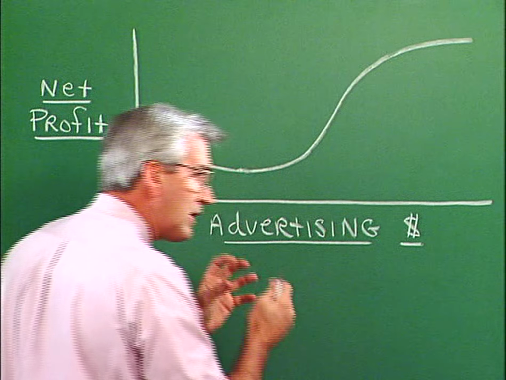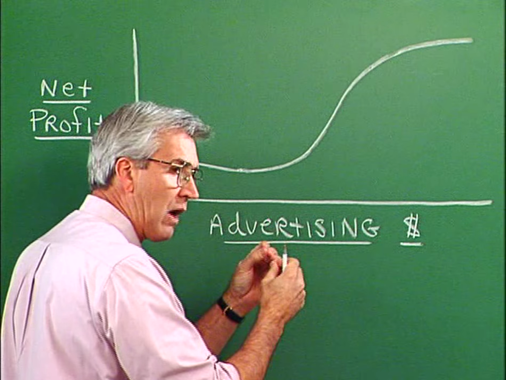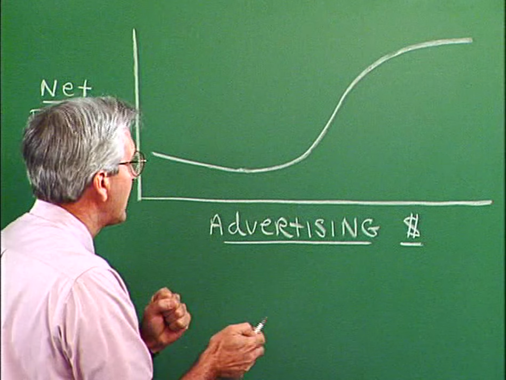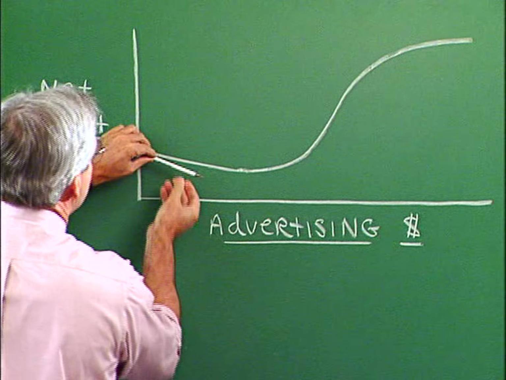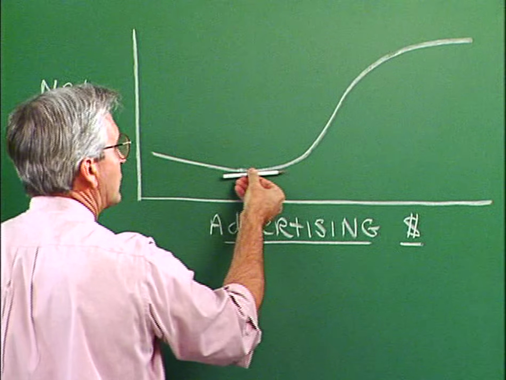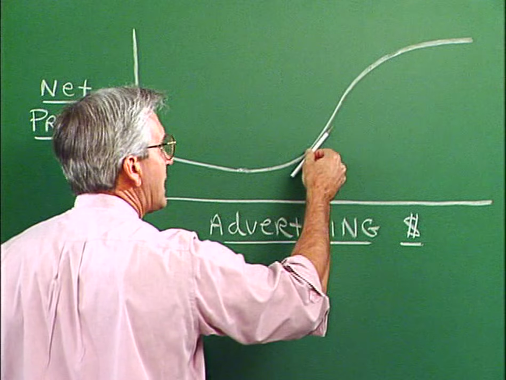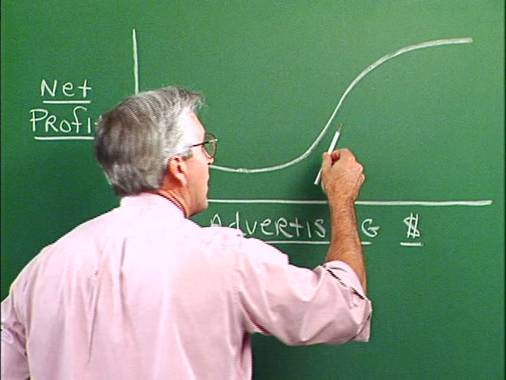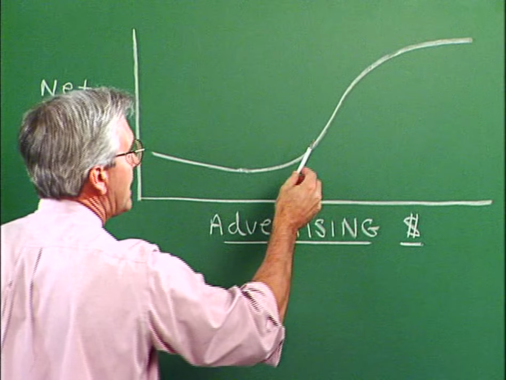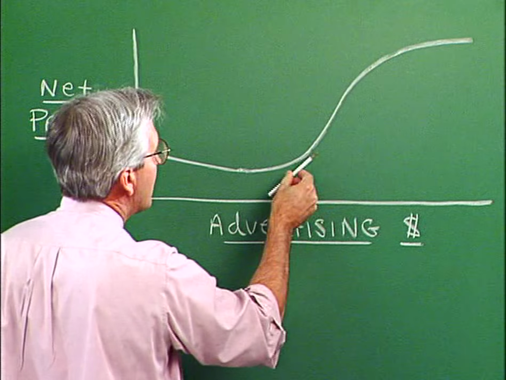And it's kind of the rate at which our advertising dollars are bringing in profits to the company. Now, that rate is decreasing through here, and that rate begins to level off here, and then that rate begins to improve.